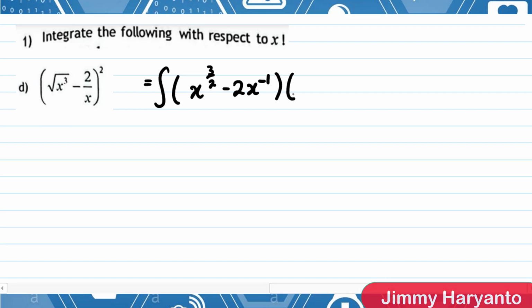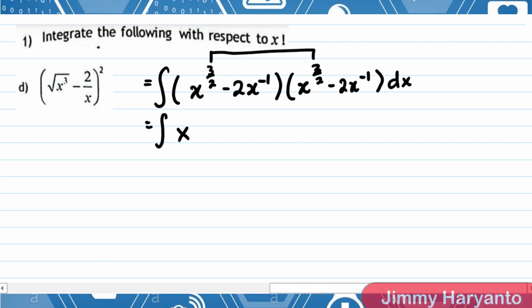That means we have to multiply the function with the function itself like this, and then using the expansion method, you will have this times this.